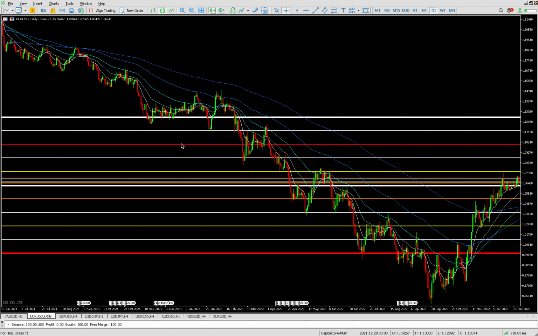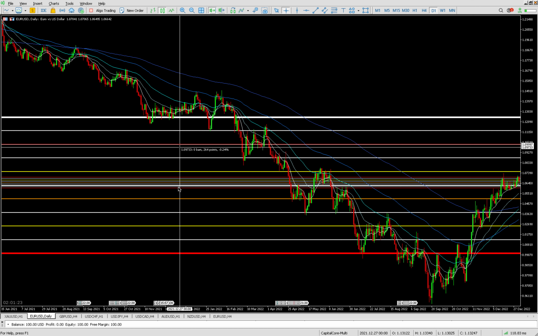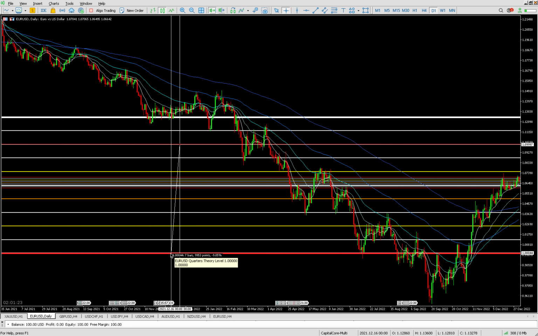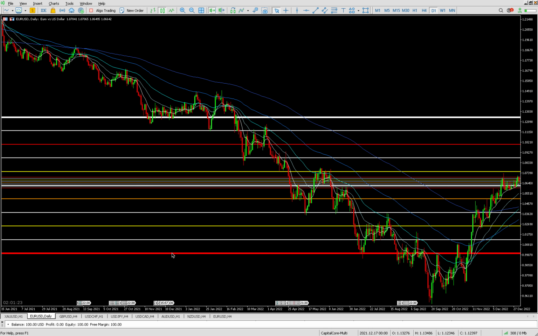This is the same 10,000 level here. It's just the thicknesses are according to the significance of the levels.